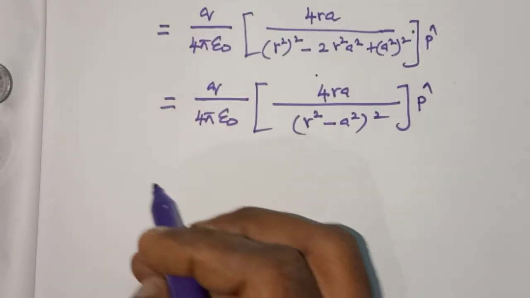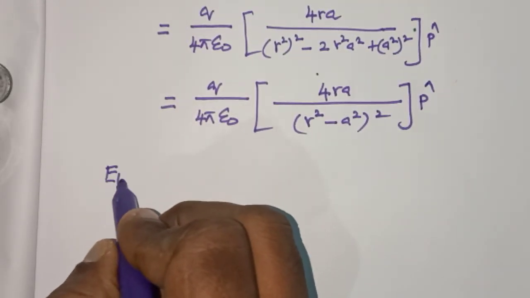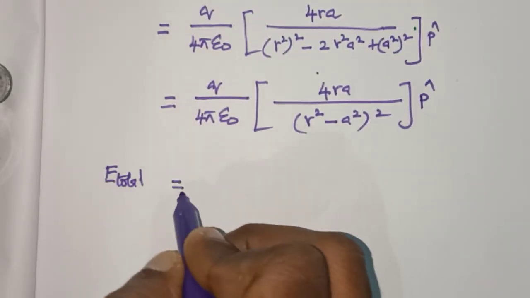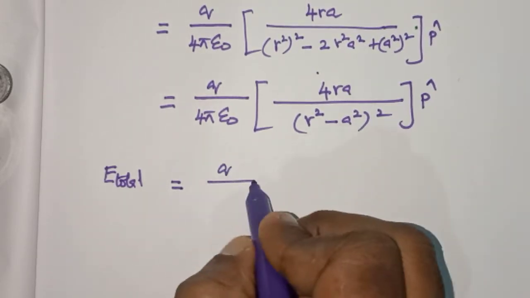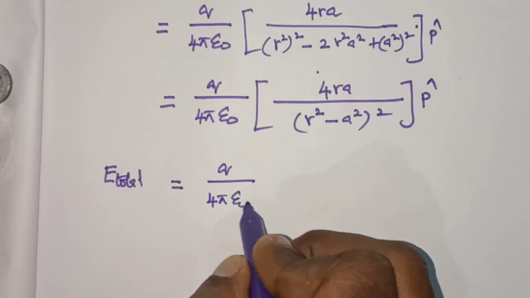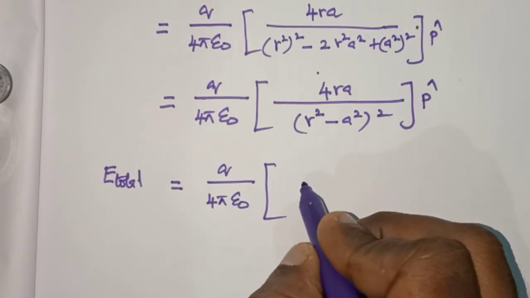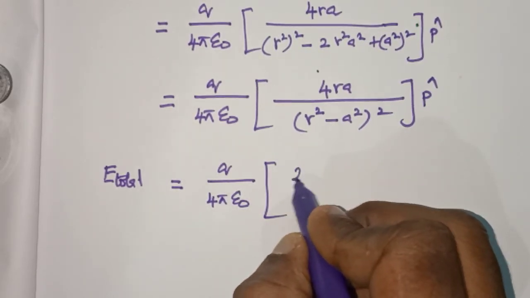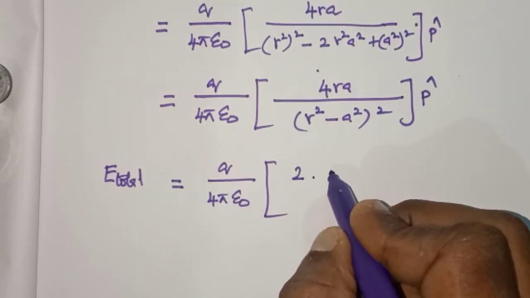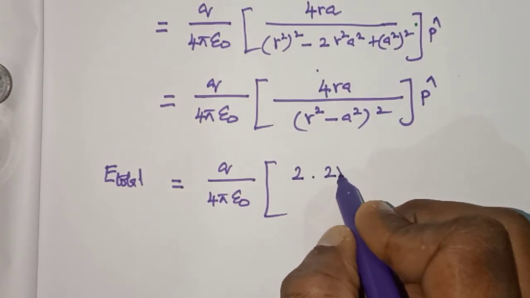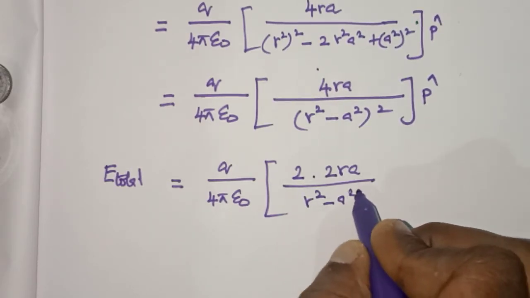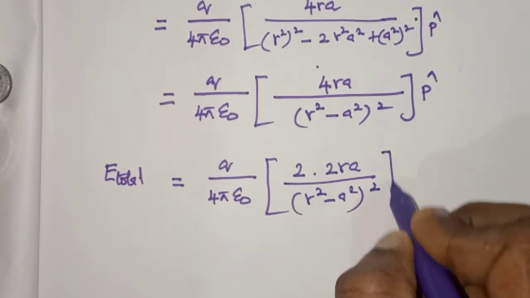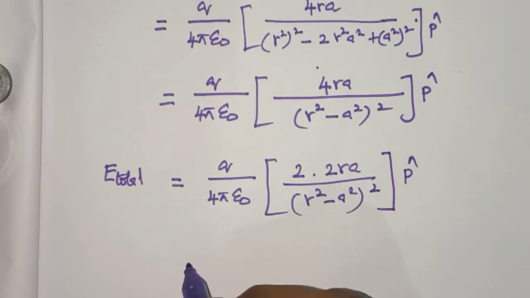Therefore, this E total is equal to q by 4 pi epsilon naught. I am splitting this 4 into 2 times 2RA divided by (r square minus a square) whole square into p cap.